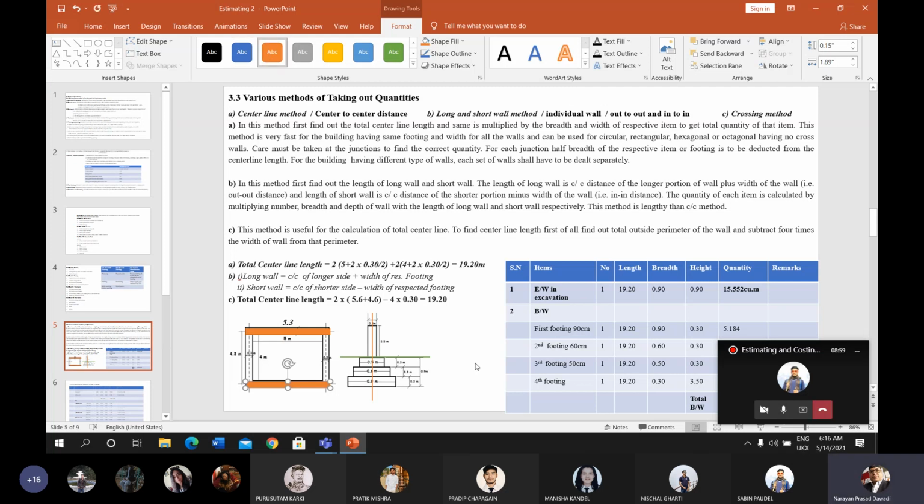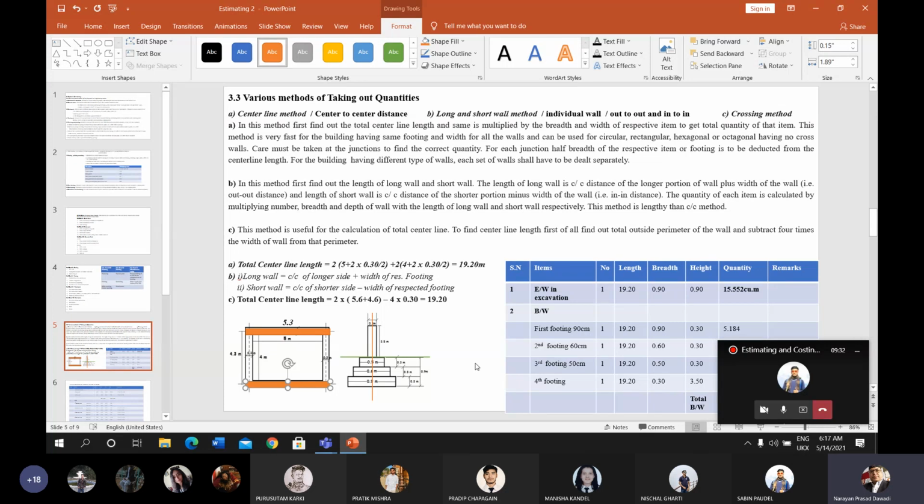You can see from the plan, the length of the long wall for the 30 centimeter wall is, the center line length is 5.3 meter. Half of the width of the 30 centimeter wall is added for both the ends to get the out to out distance, that is 5.3 plus 2 into 0.30 divided by 2.